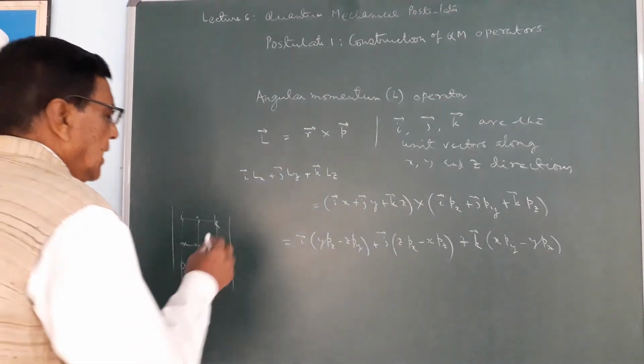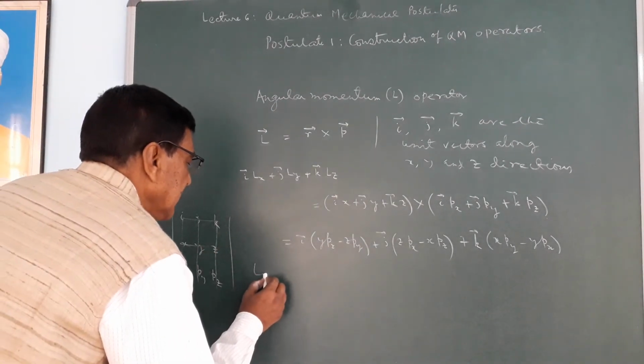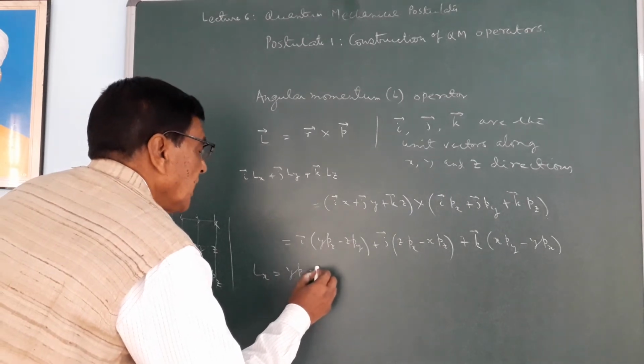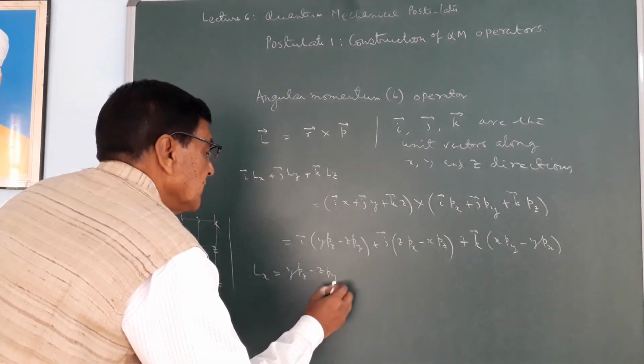So equating these two, we have Lx equal to ypz minus zpy.